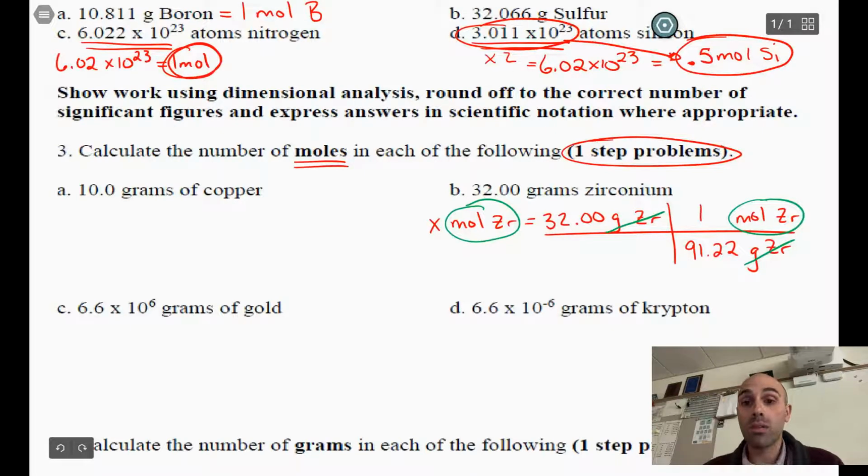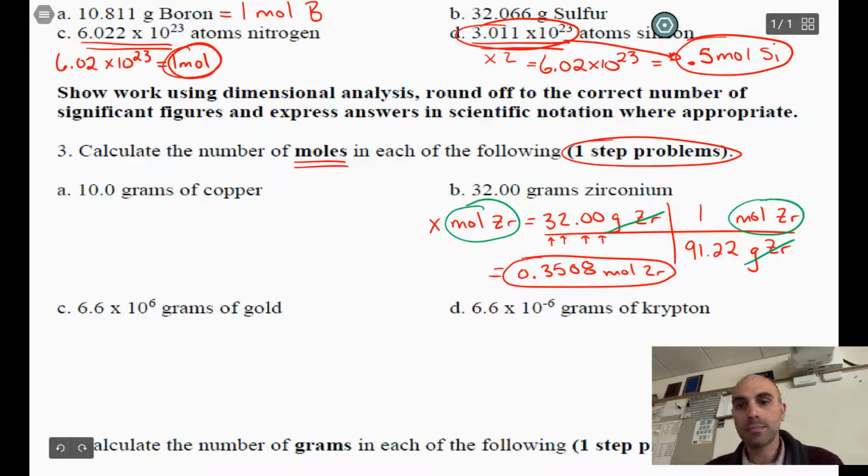Now all you have to do is take 32.00 grams and divide that by 91.22 grams, making sure that you keep the same number of sig figs. There's 4 there, so we should have 4 in our answer. And we are going to get 0.3508 moles of zirconium. It's a simple one-step conversion using the molar mass.